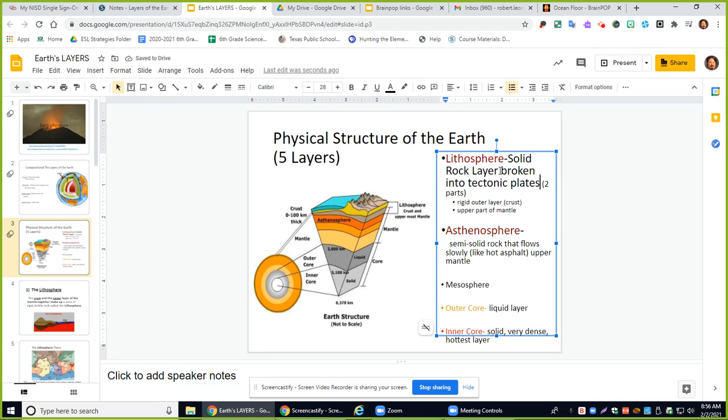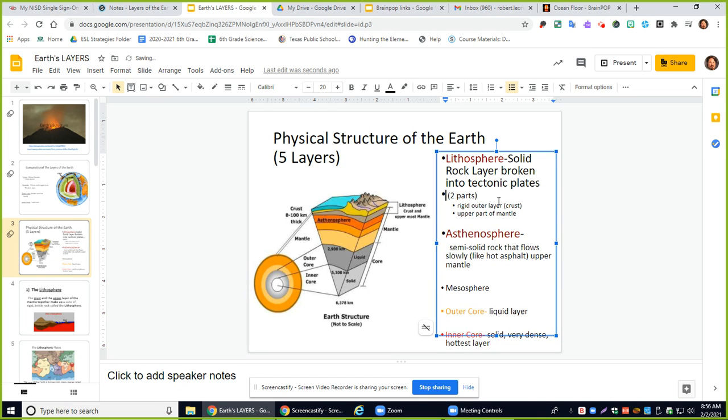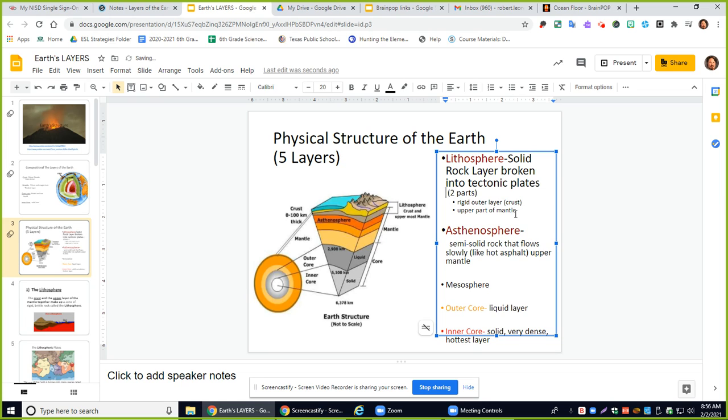It actually consists of, if we go back to the compositional layers, the crust and the upper part of the mantle. And then once you get past the upper part of the mantle, it starts to turn into the asthenosphere.